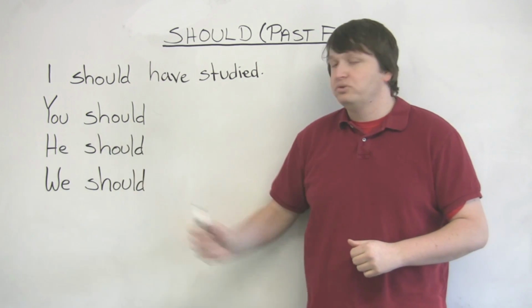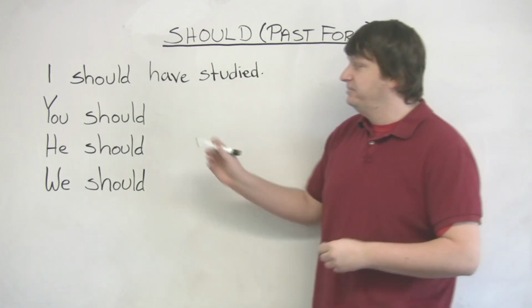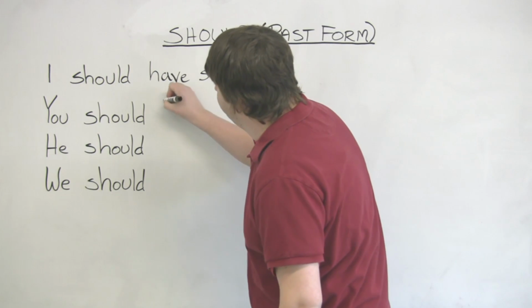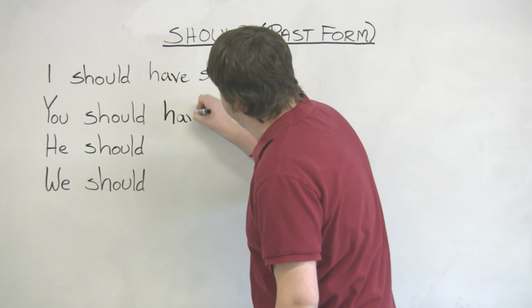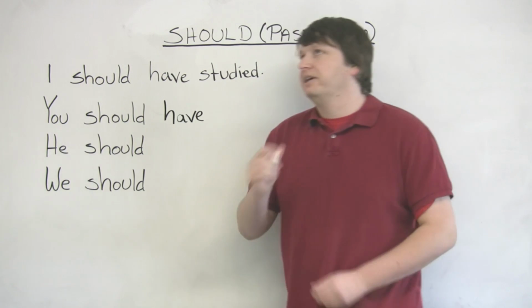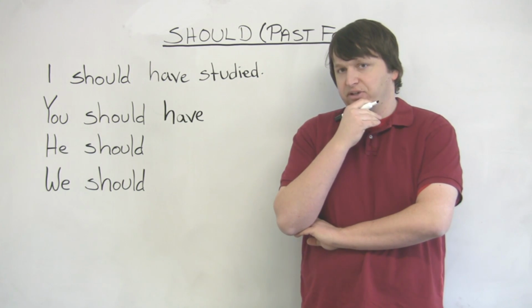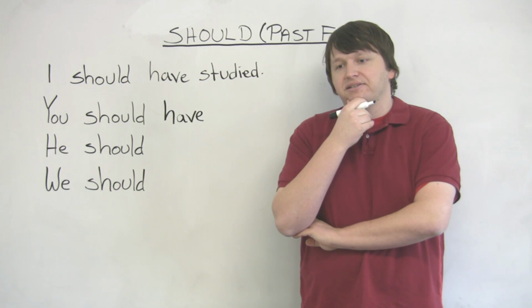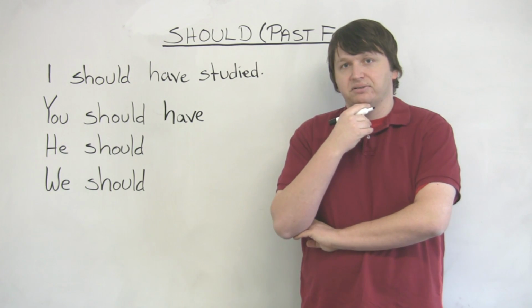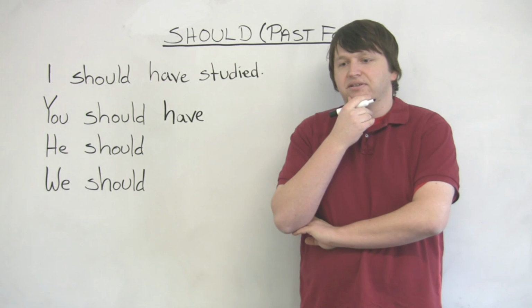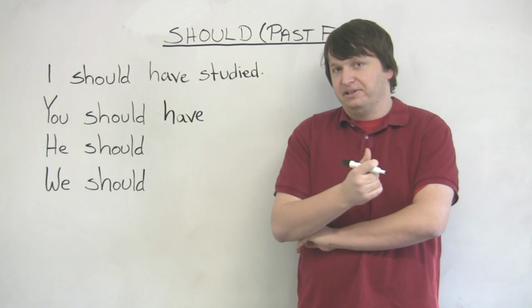So how about you should have. Now, if you're writing a letter to someone, and you forget to mail the letter, so the person thinks you did not write the letter to them.